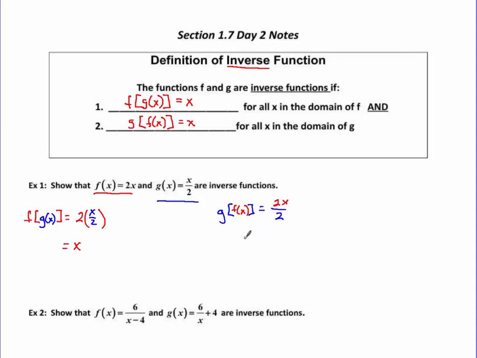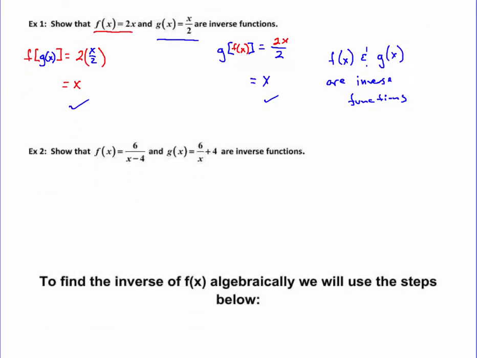Those 2's cancel, so that equals x. So we got an x, we got an x. So we can say that f of x and g of x are inverse functions. Told you it wasn't hard.